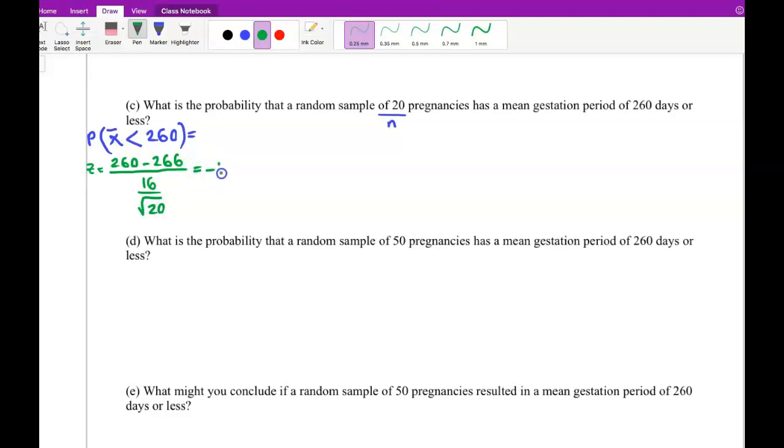And that is equal to negative 1.68. So finding the probability of when Z is less than negative 1.68, using the table, is 0.0465.